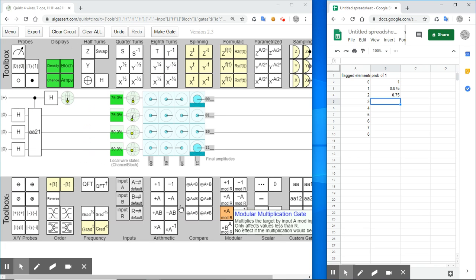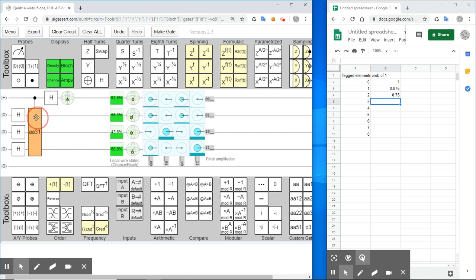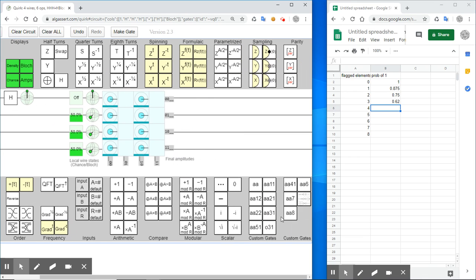With 3, we've got 0.62. With 4, so we got 50%.